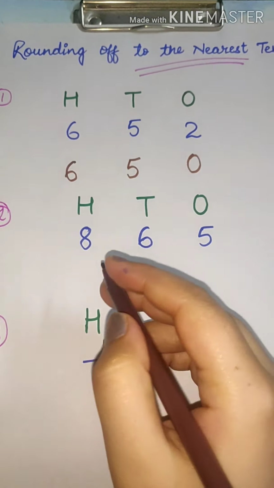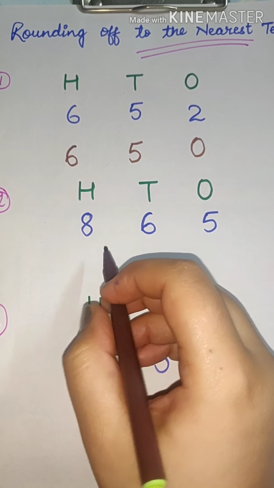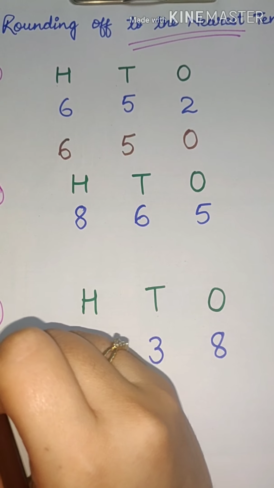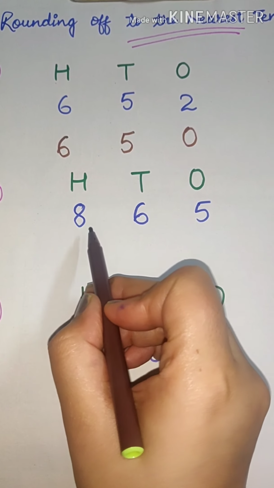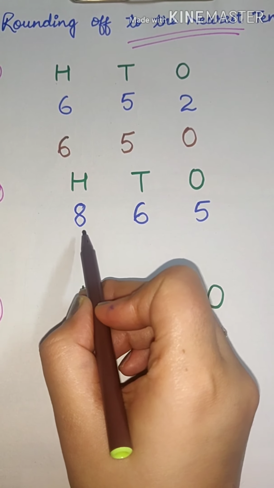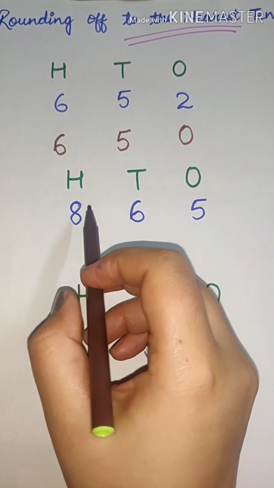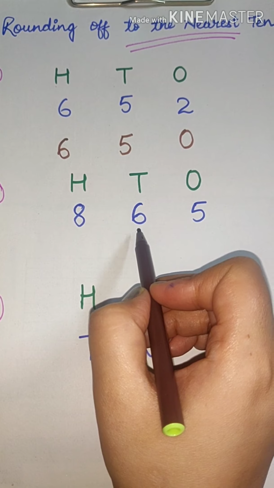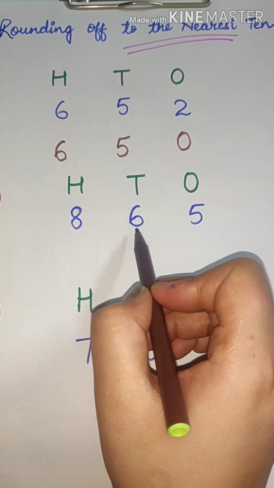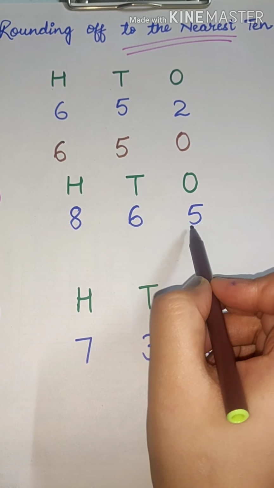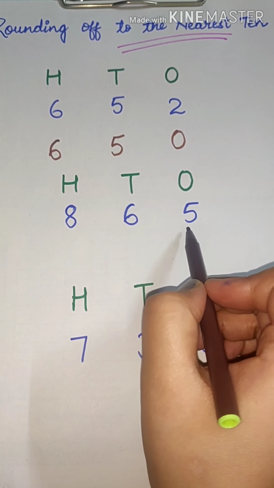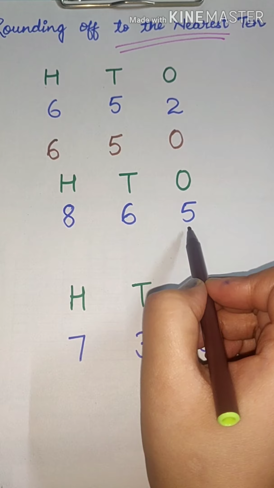Alright. Now come to the next example, that is 865. Now in this, again we don't care about this digit, as this is at hundreds place and we are doing rounding off to the nearest 10. So we need to look at the digit which is at ones place. So is this a weak digit or a strong digit?